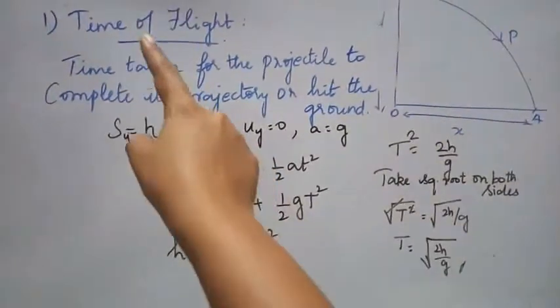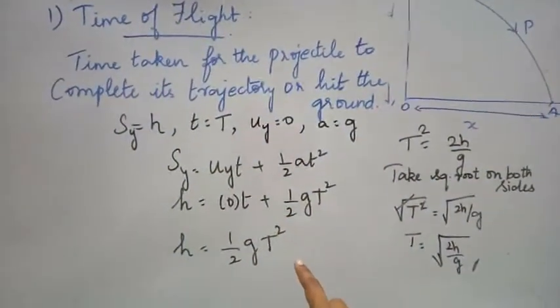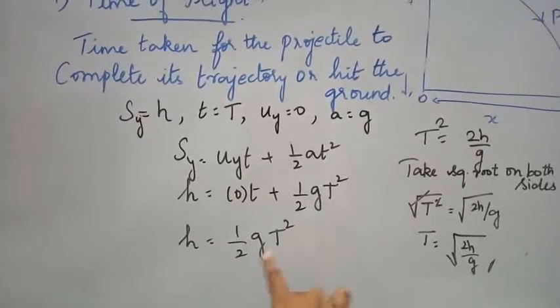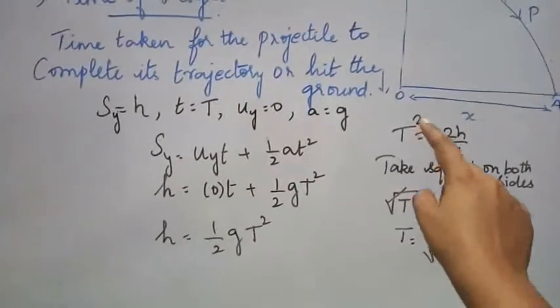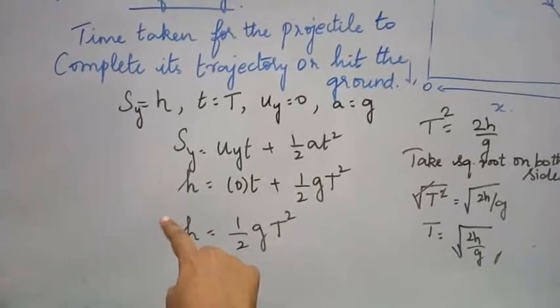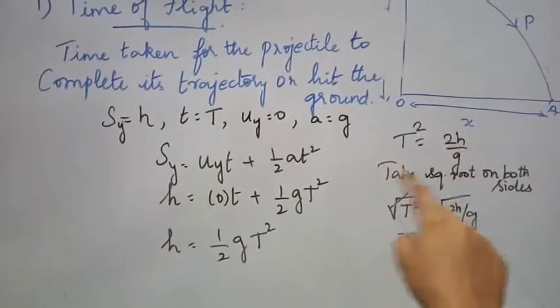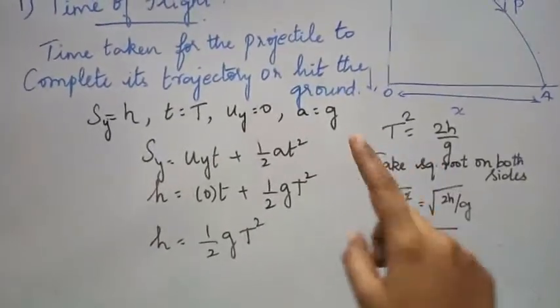What you are going to calculate is the time of flight, that is only the t value here. So capital T is what you have to calculate. So keep this t square as such, bring all the other terms to the other side. You will have t square is equal to, this 2 is in the denominator, so when it goes to the other side, it becomes numerator. So it is 2h by g is equal to t square. I want only t.